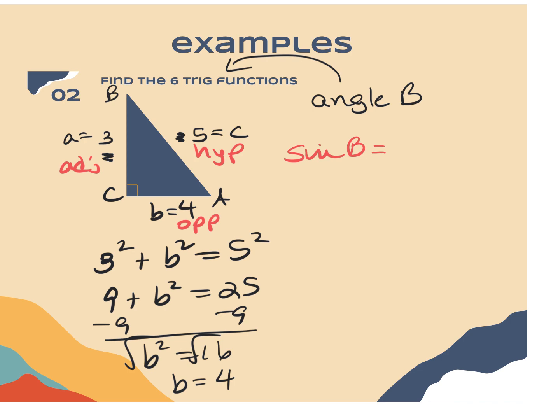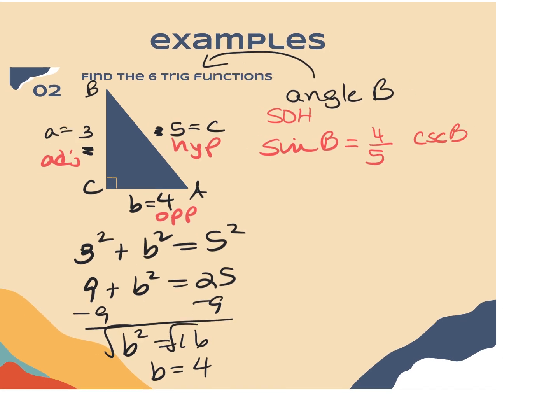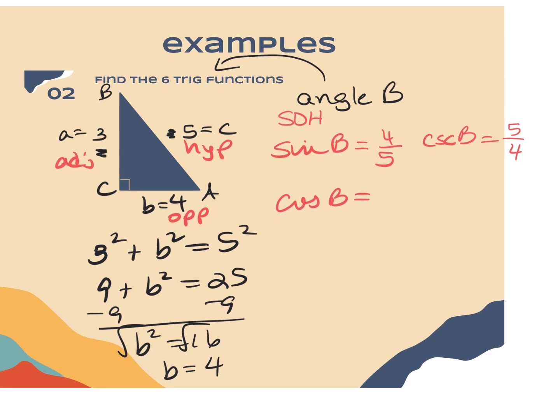So sine of B is opposite, if I use your SO acronym, opposite to B is 4, and hypotenuse is 5. Cosecant of B, just flip it, 5 over 4. Then cosine of B, that's adjacent over hypotenuse, and then its reciprocal is secant, so flip it.